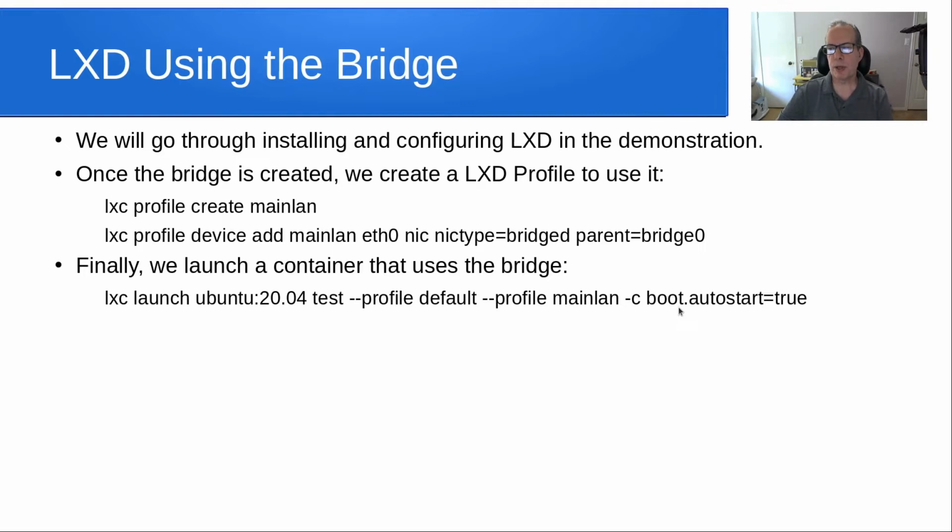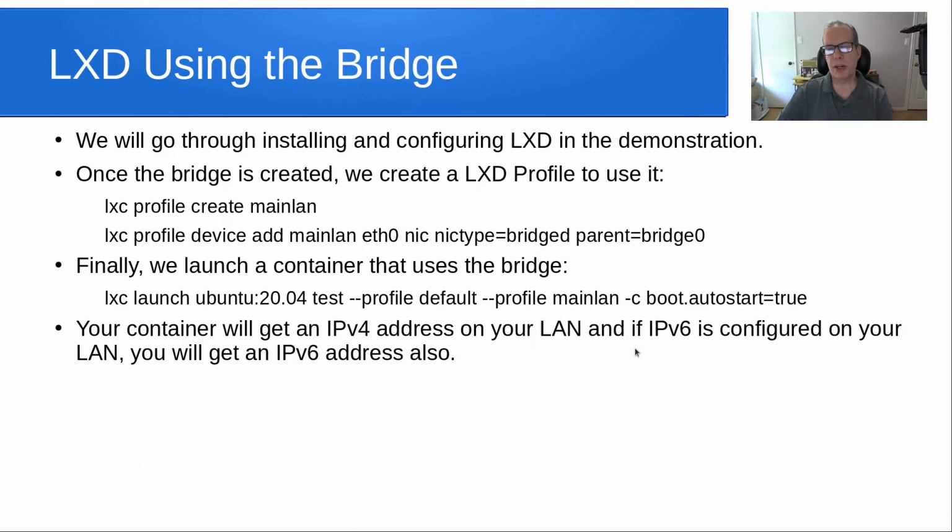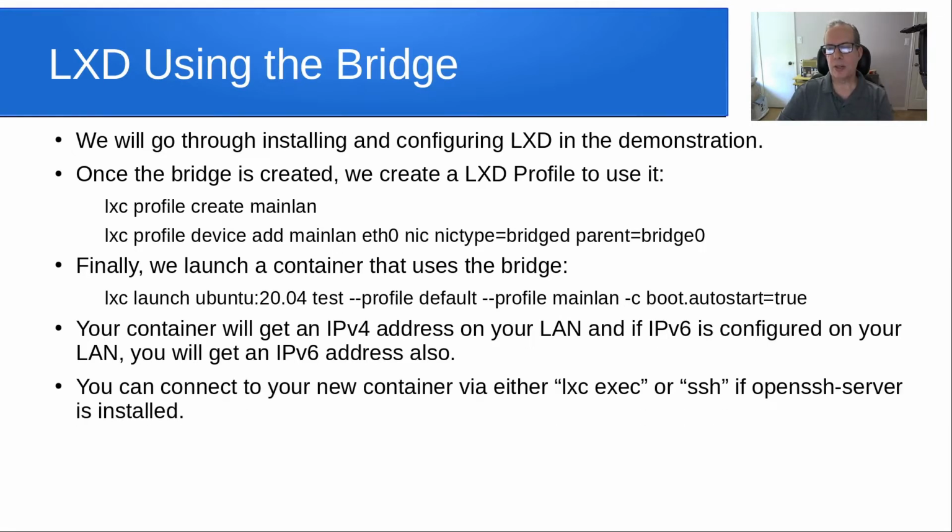And then we put the switch boot.autostart=true, which causes the container to start up every time the system starts up. So your container will get an IPv4 address on your LAN, and if IPv6 is configured on your LAN, you will get an IPv6 address as well. You can connect to your new container via either lxc exec or SSH if the OpenSSH server is installed.